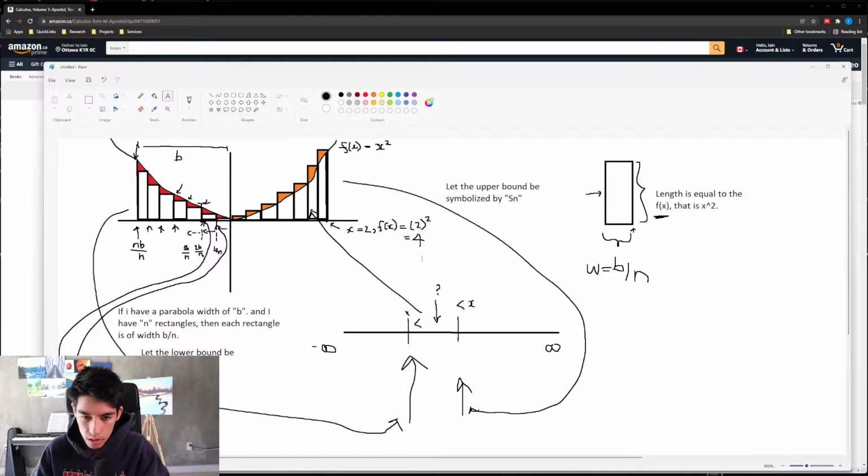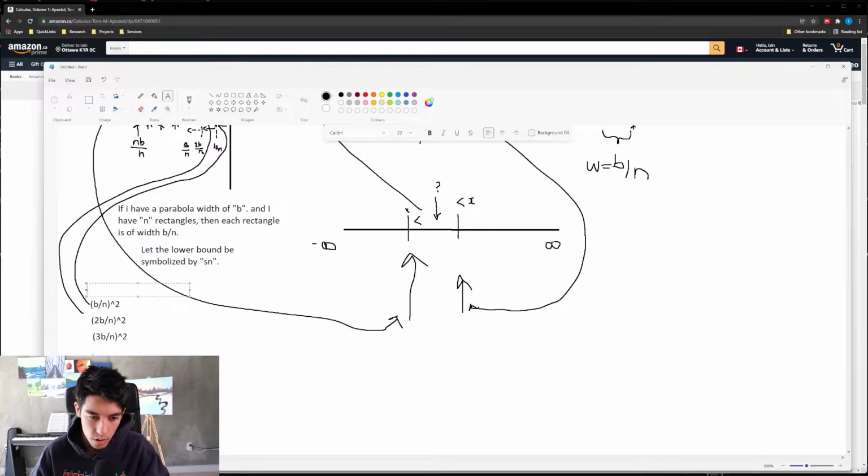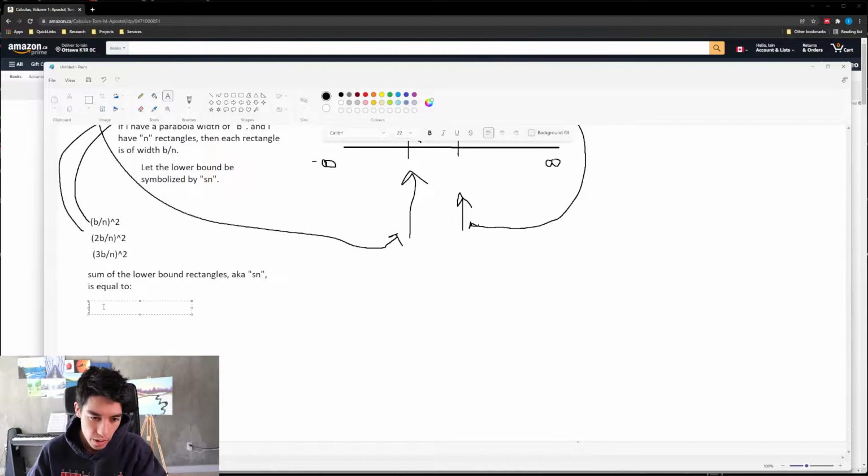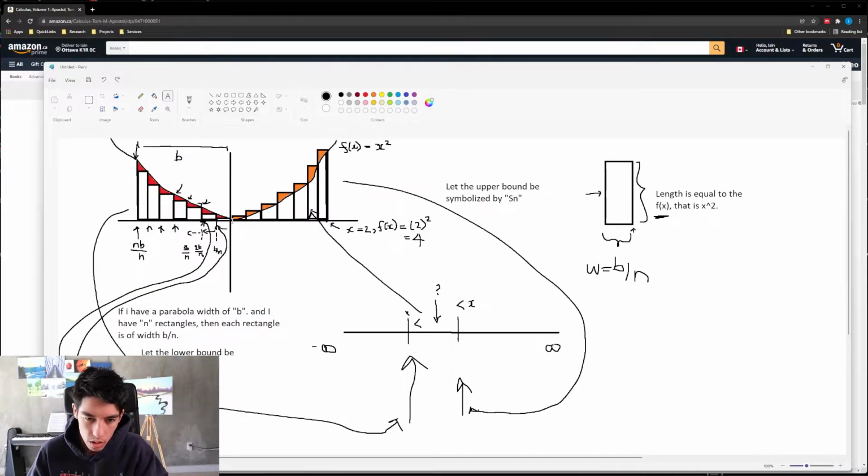We will say the sum of the lower bound rectangles, also known as Sn, is equal to, in the first case, so this should actually be filled in.